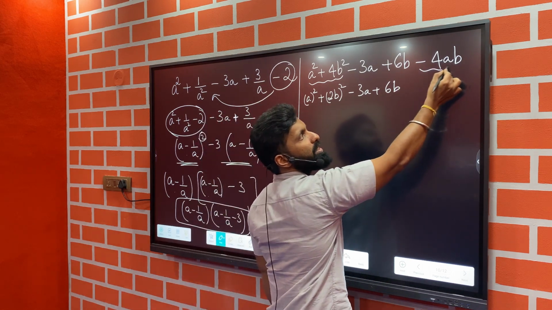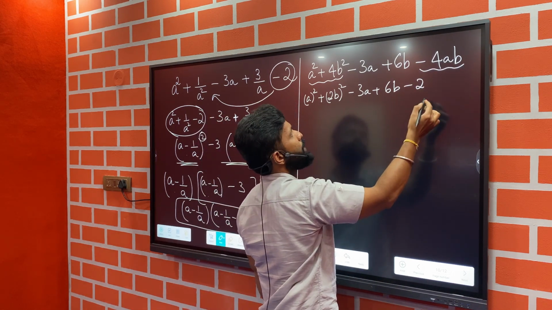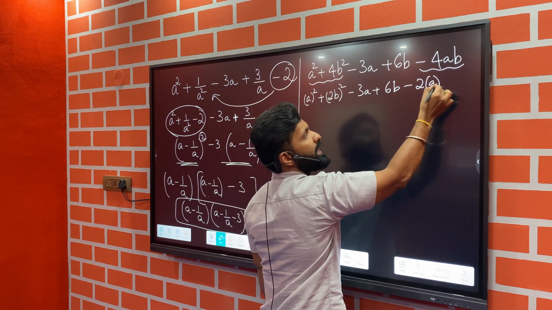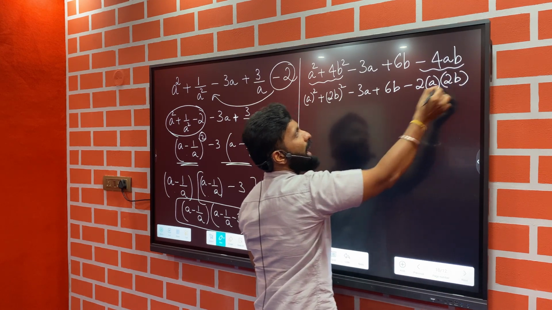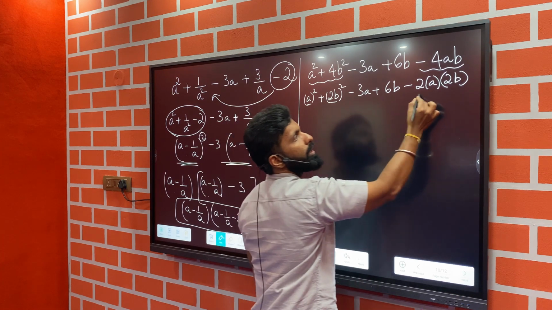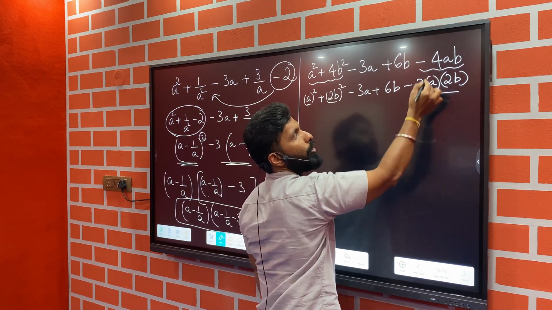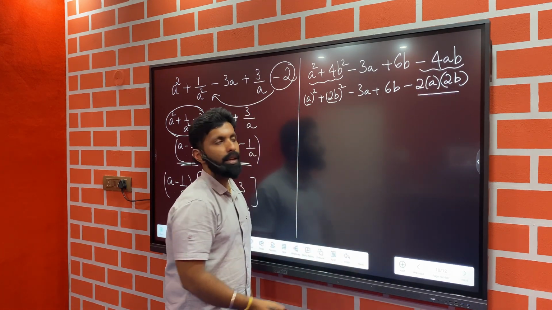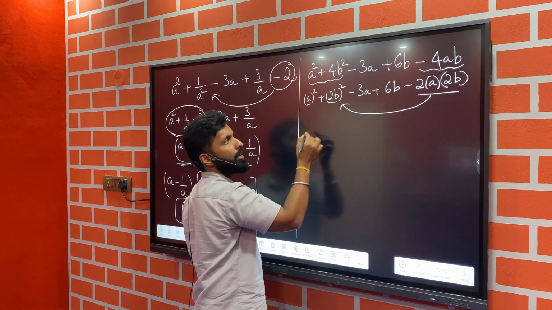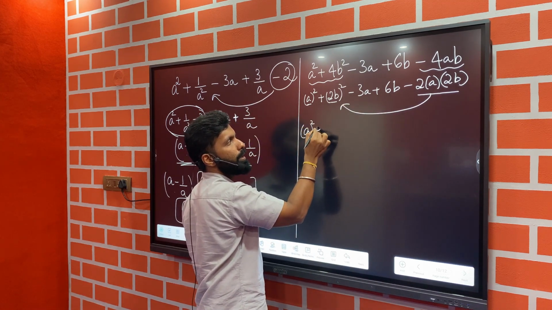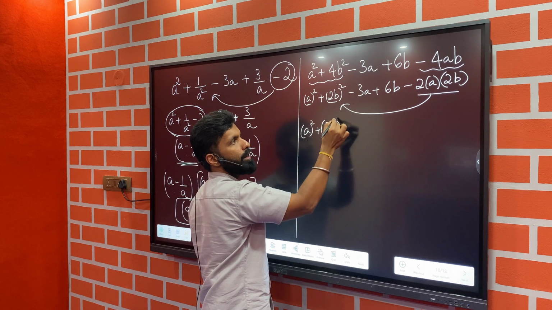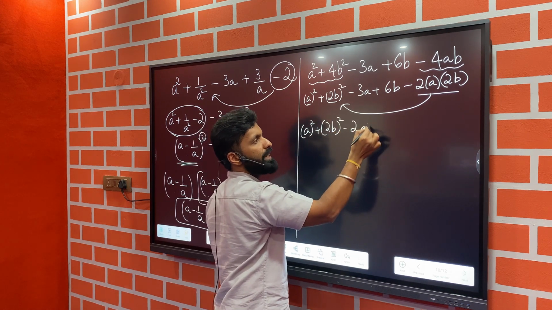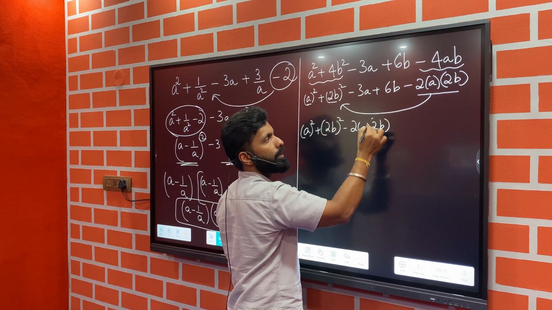Okay. Now what is this? I can write minus 2 into a into 2b. I want it in terms of this only. Is this correct? 2 2s are 4, ab. Yes? So if I write it this side, observe: a the whole square plus 2b the whole square minus 2 into a into 2b.